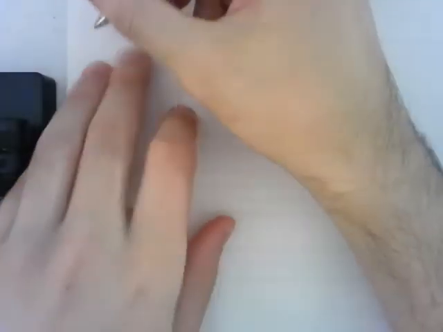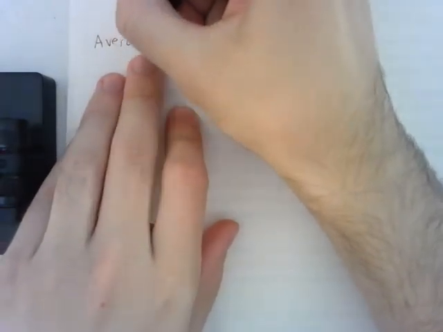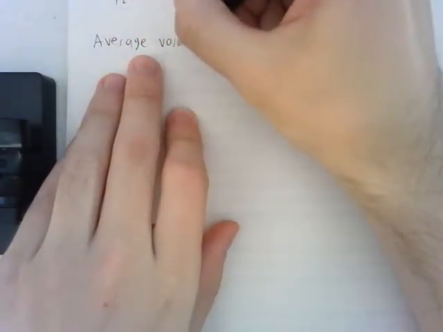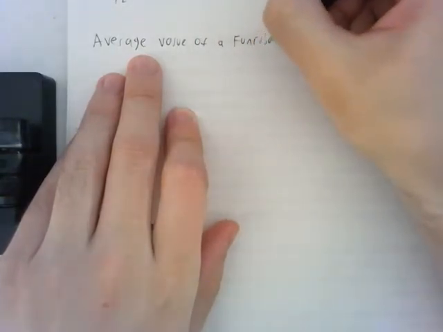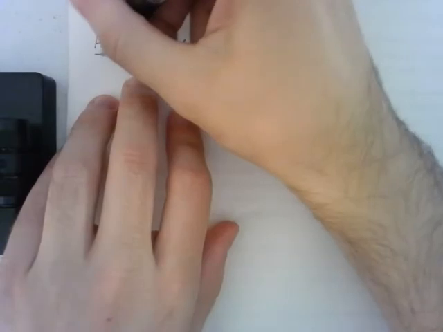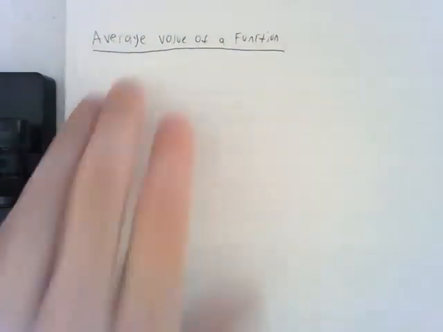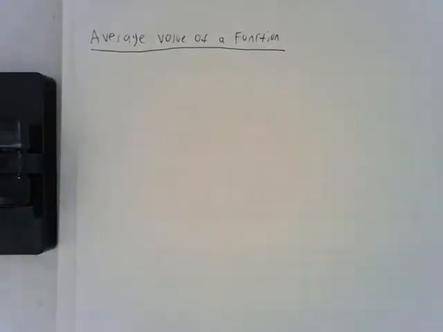Okay, so the last thing I want to discuss is the average value of a function. I don't think I'm going to go through the derivation of the result in this video. You can find a heuristic argument in the textbook for why this formula I'm about to give you is true.